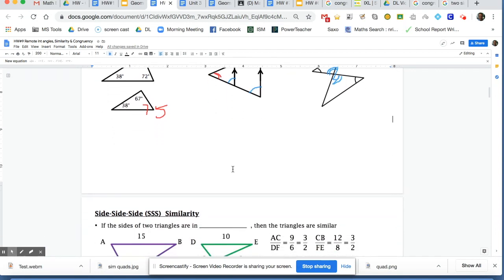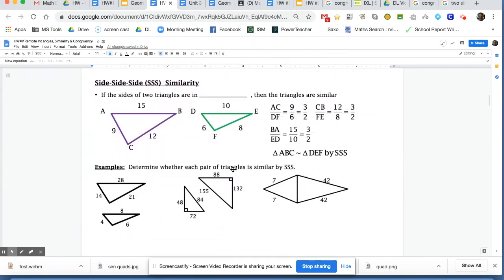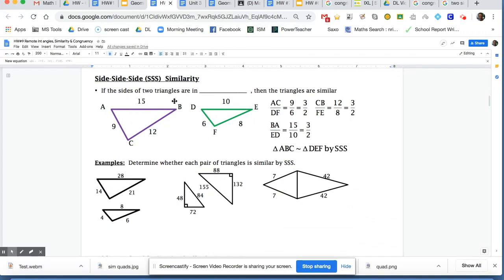So we didn't have all three angles. Also, if we know that all three corresponding sides are proportional, then they are similar. So if we're given two triangles, we can check to see that all three of the corresponding sides are proportional.